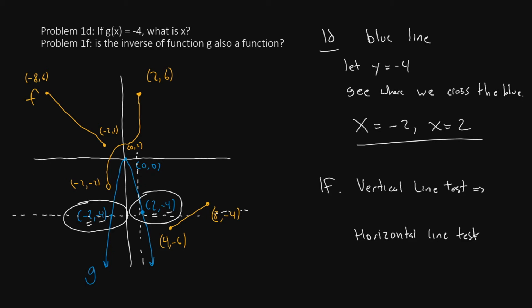So we would say that function g does, yes, pass the vertical line test. Now we've already drawn a horizontal line through function g, and we can see that it crossed in 2 positions. In that case, function g would fail the horizontal line test, and we would say no. Therefore, because function g fails the horizontal line test, the overall answer would be no. The inverse of function g would not be a function.